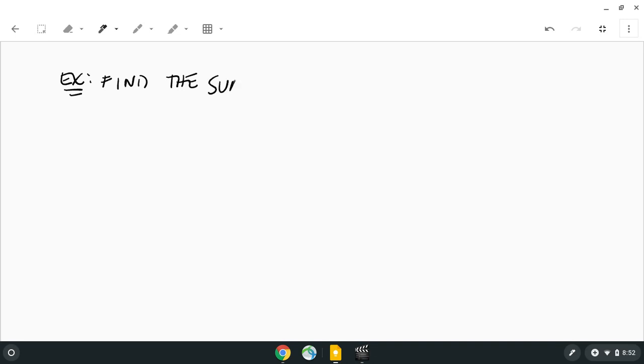Let's take a look here. Find the sum of the arithmetic sequence. This takes so long, I can't see what I'm writing because nothing is showing up.